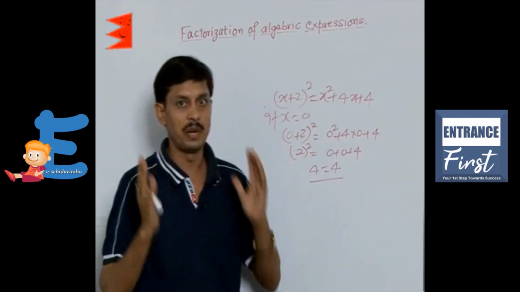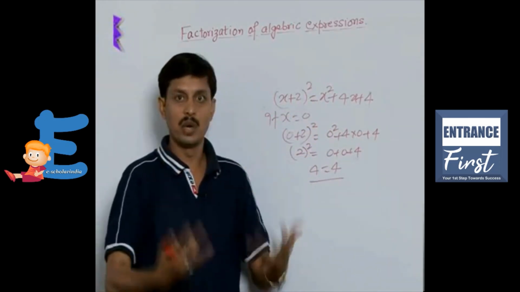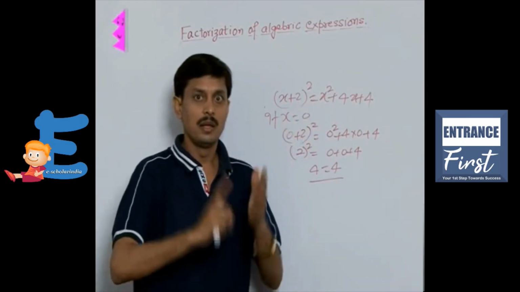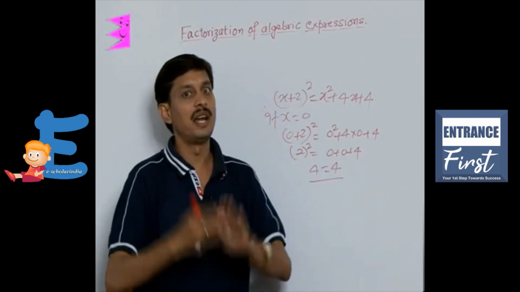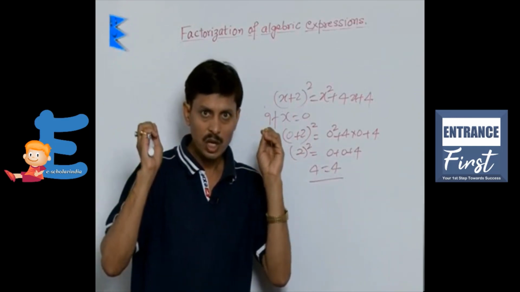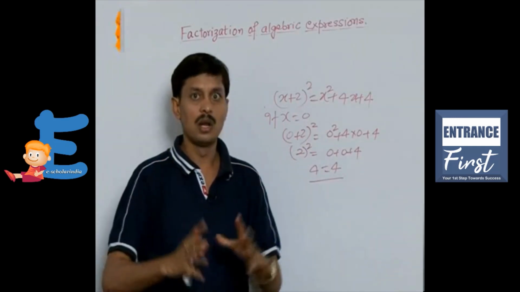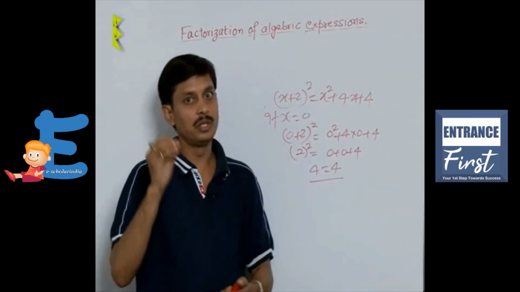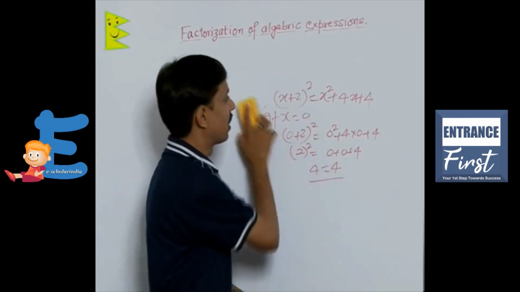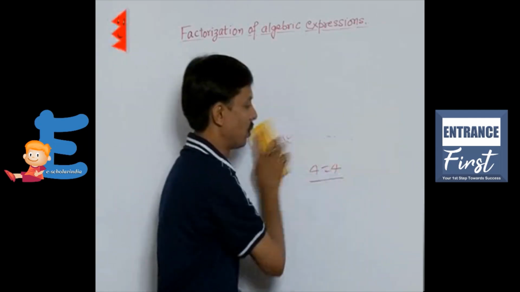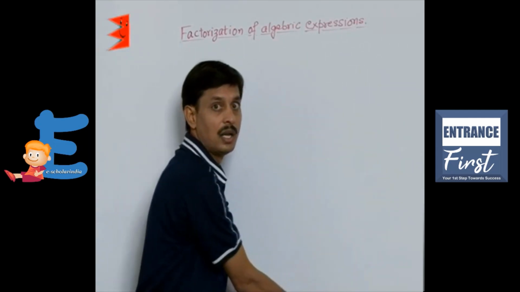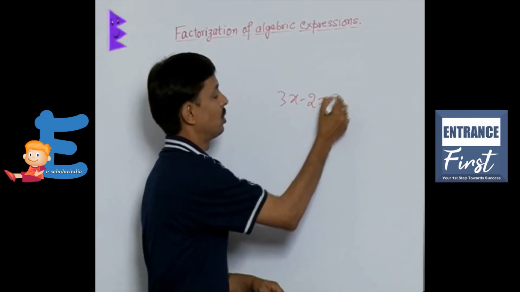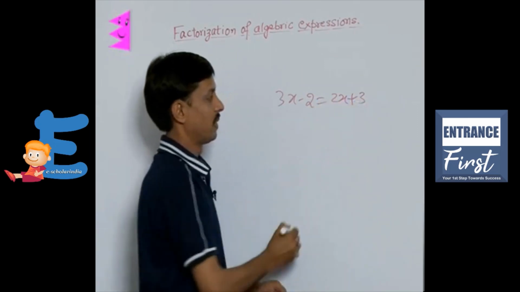So that expression or relation where the left hand side and right hand side are always equal at any value of the variable is an identity, and if it is true only on a certain number of values, then it is an equation. For example, if I take 3x minus 2 is equal to 2x plus 3.